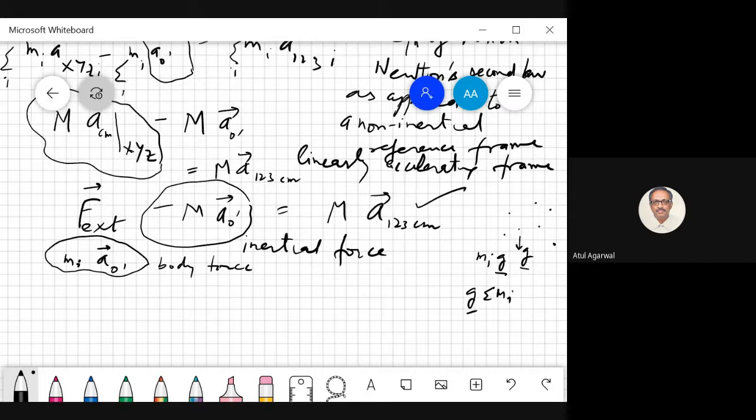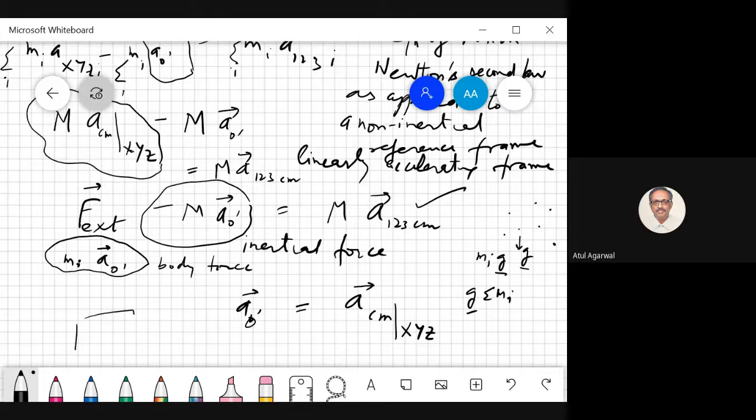If acceleration a_O prime is equal to the acceleration of the center of mass with respect to the xyz system, if it is the same, then these two terms will become equal, and the acceleration with respect to the moving system will be zero.